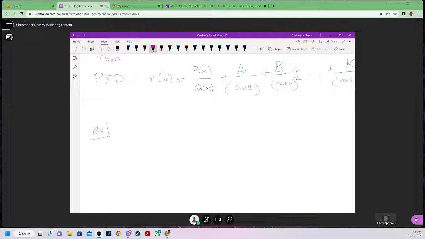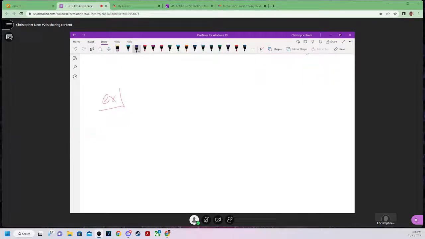The example I want to do is r of x equals x squared plus 1 all over x times x minus 1 cubed.